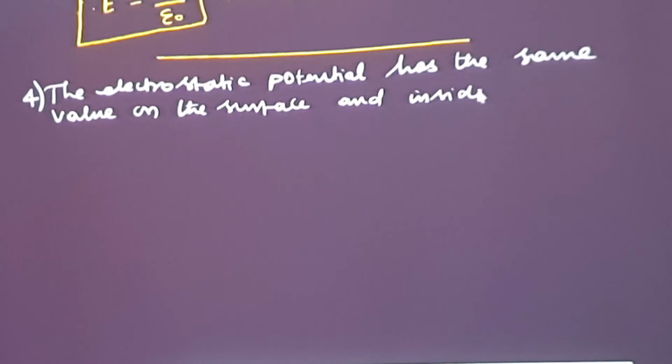Inside the conductor is more correct. How can you say this? What is the property? The electrostatic potential has the same value on the surface of the conductor as well as inside the conductor. Both inside and on the surface, they have the same value.